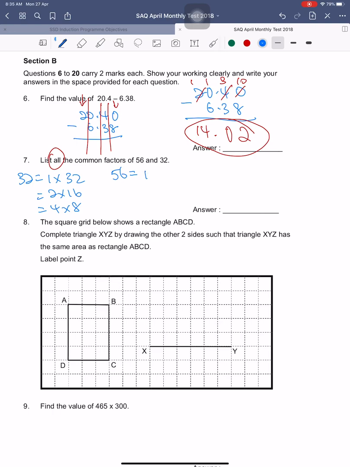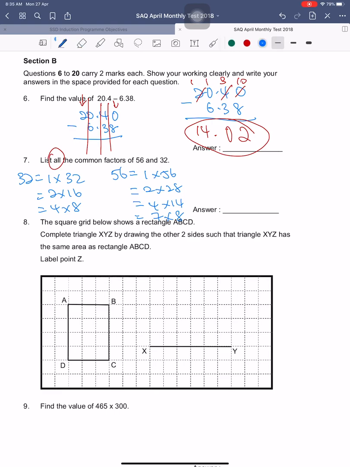Okay, 56, start with 1, more systematic. 1 times 56, 2 times 28, 3 cannot, 4 times 14, 5 no, 6 no, 7 times 8, 8 times 7, so you're repeating. So you stop.